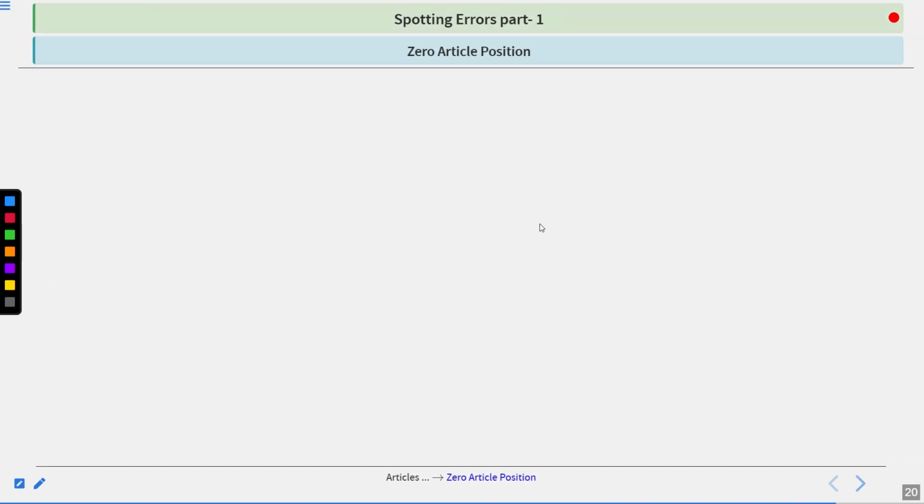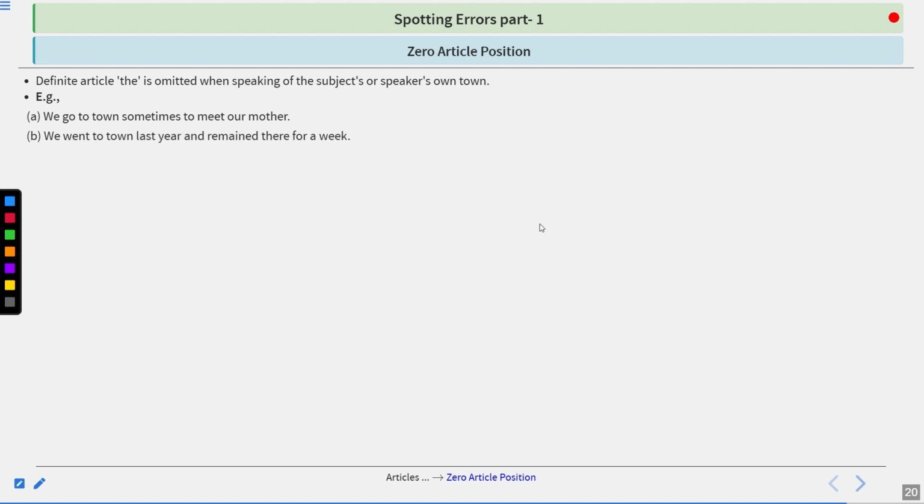Zero article position. The definite article the is omitted when speaking of the subject or speaker's town. Example: We go to town sometimes to meet our mother. We went to town last year and remained there for a week. Nature, when it means environment, do not use an article before it. If you interfere with nature, you will suffer for it.